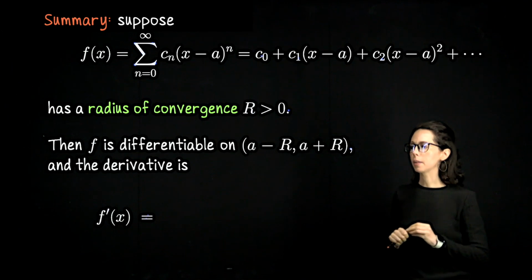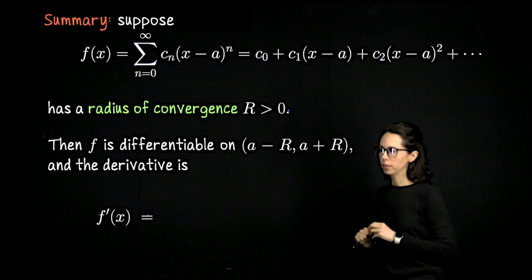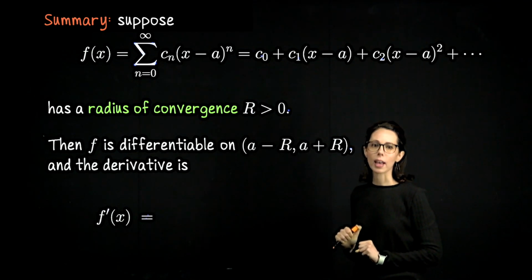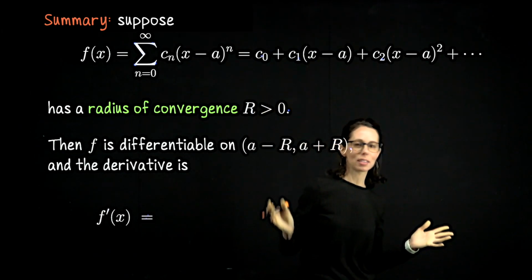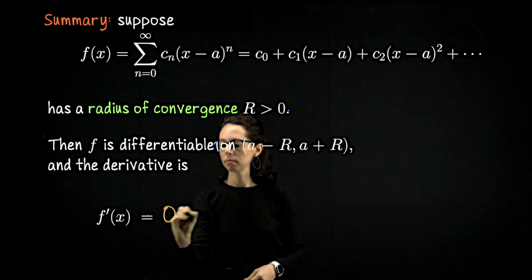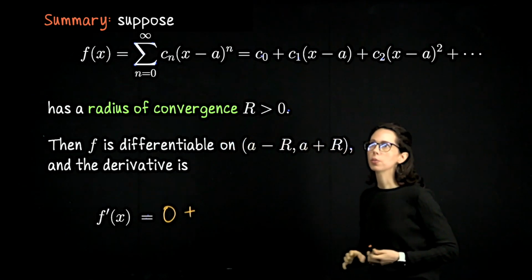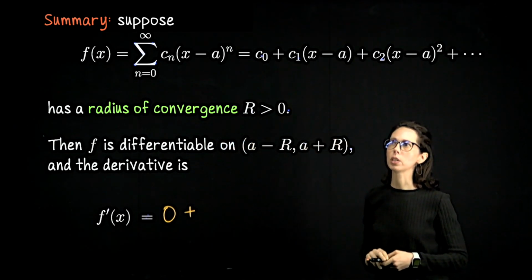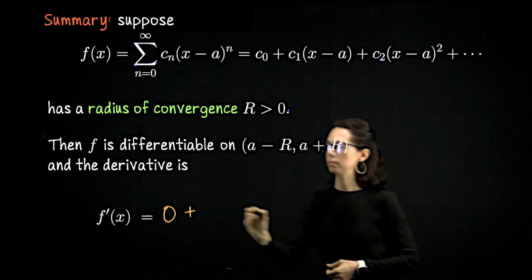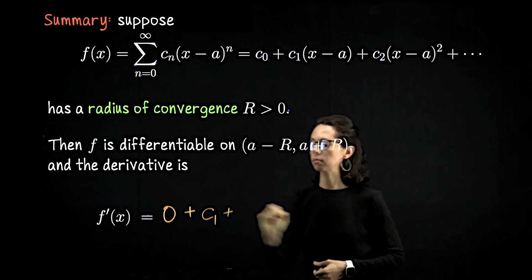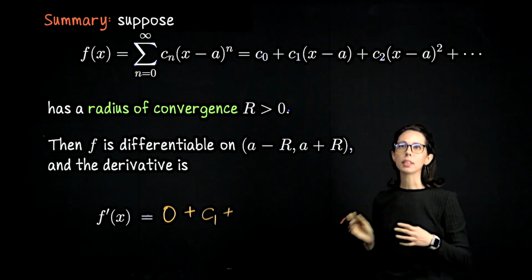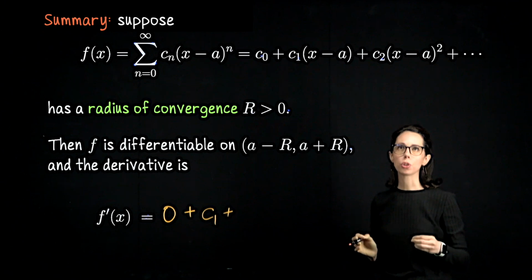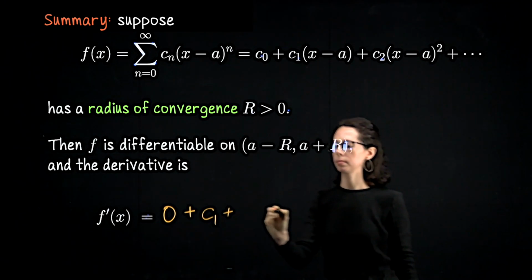So in particular, the derivative f prime of x has a power series representation that's going to look like the derivative of this term, well, that's just constant, so that's 0, plus the derivative of this term, which is actually just going to be C1, plus the derivative of this term, that's going to be C2 times 2 times x minus a to the 1.